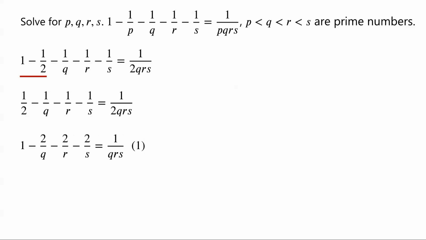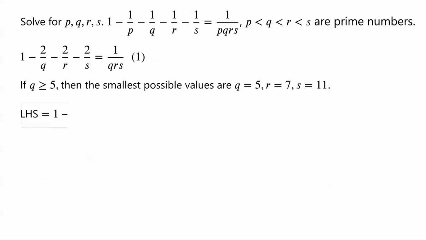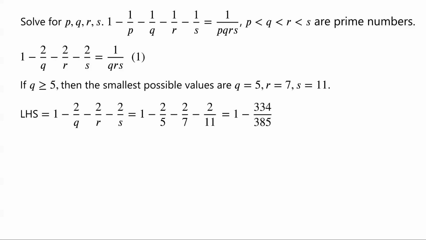Similarly, we can prove that q equals 3. If q is greater than or equal to 5, then the smallest possible values are q equals 5, r equals 7, and s equals 11. Then, the left-hand side of equation 1 equals 1 minus 2 over 5, minus 2 over 7, minus 2 over 11, which is equal to 1 minus 334 over 385, which is equal to 51 over 385.